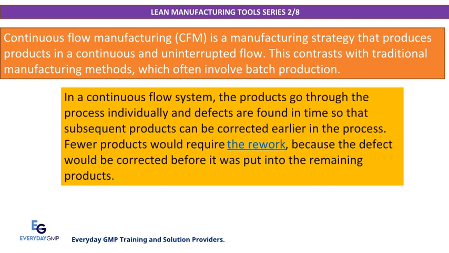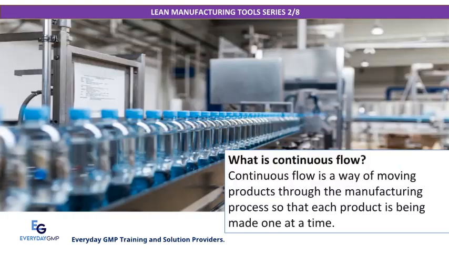Fewer products would require rework, because the defect would be corrected before it was put into the remaining products. What is continuous flow? Continuous flow is a way of moving products through the manufacturing process so that each product is being made one at a time.